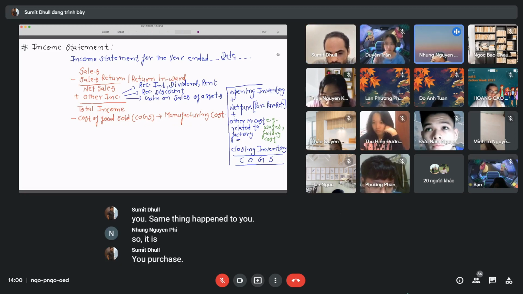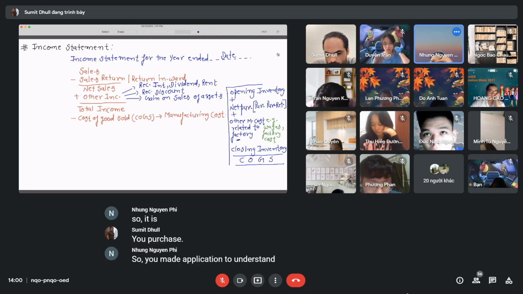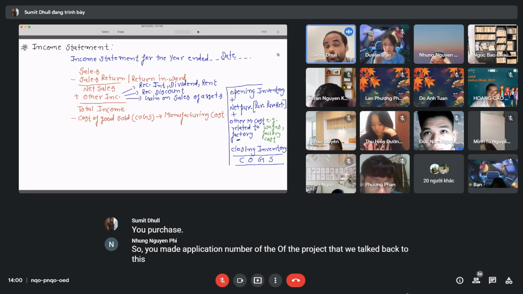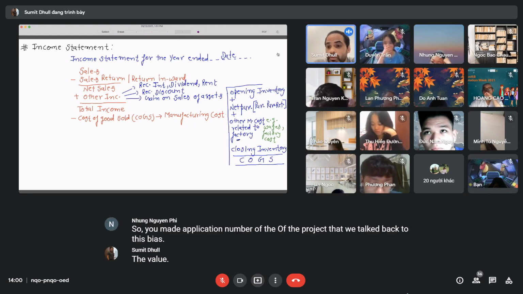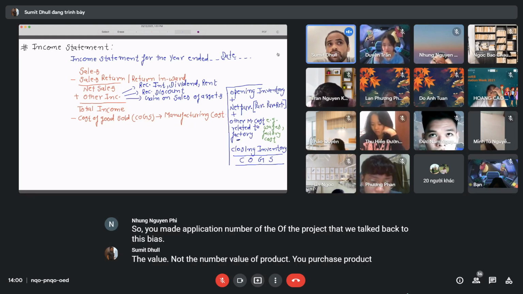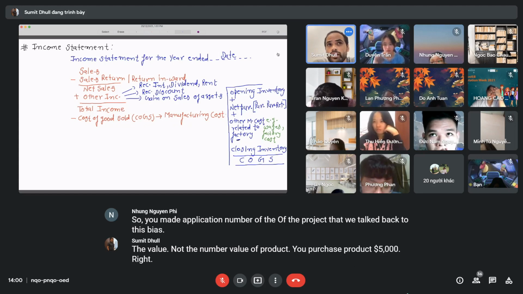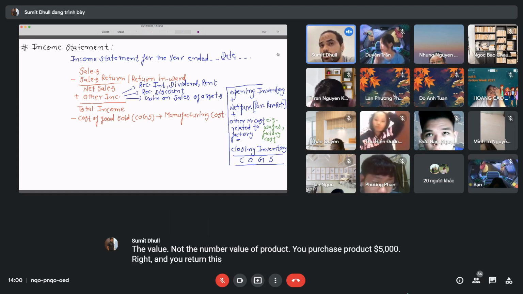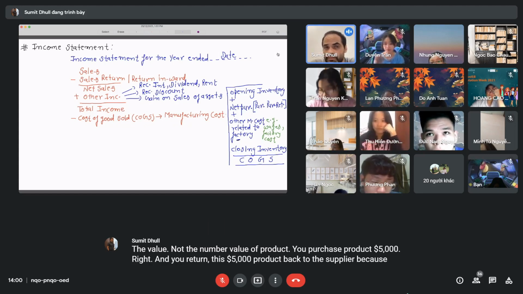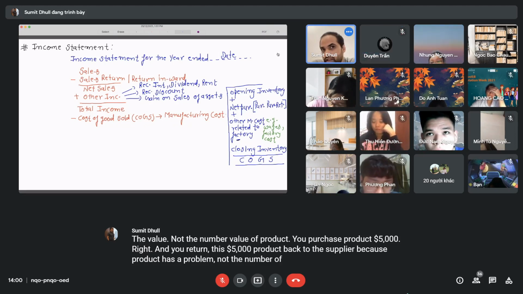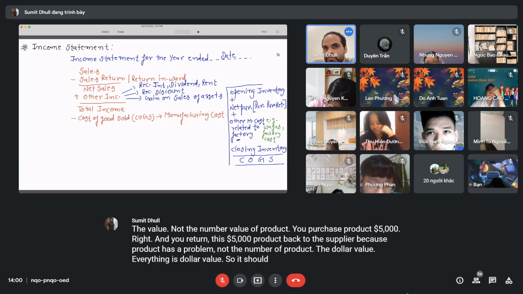So you mean the purchase return is the number of the product that we return back to the supplier? The value, not the number, value of product. You purchase product $5,000, right? And you return this $5,000 product back to the supplier because product has a problem, not the number of product, the dollar value. Everything is dollar value, so it should be dollar value, right?